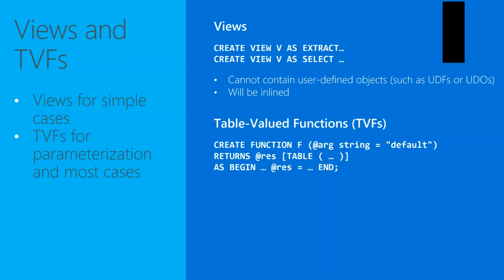We had table-valued functions, which is the much more usable view mechanism, so to speak, because it gives us parameterization and it gives us multi-statement and even multi-result row sets as well. Now you can see here the syntax makes the table statement optional in the returns clause, because we can actually infer the result type from the statement that assigns the result.